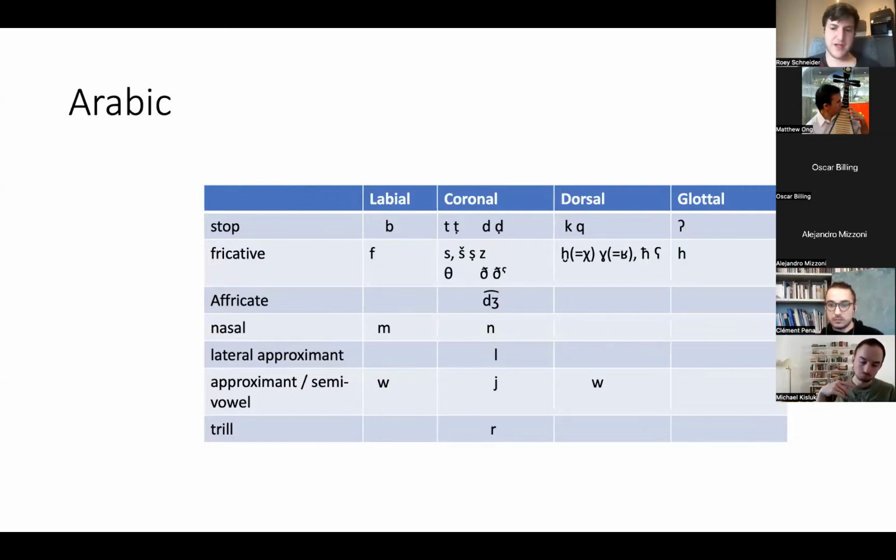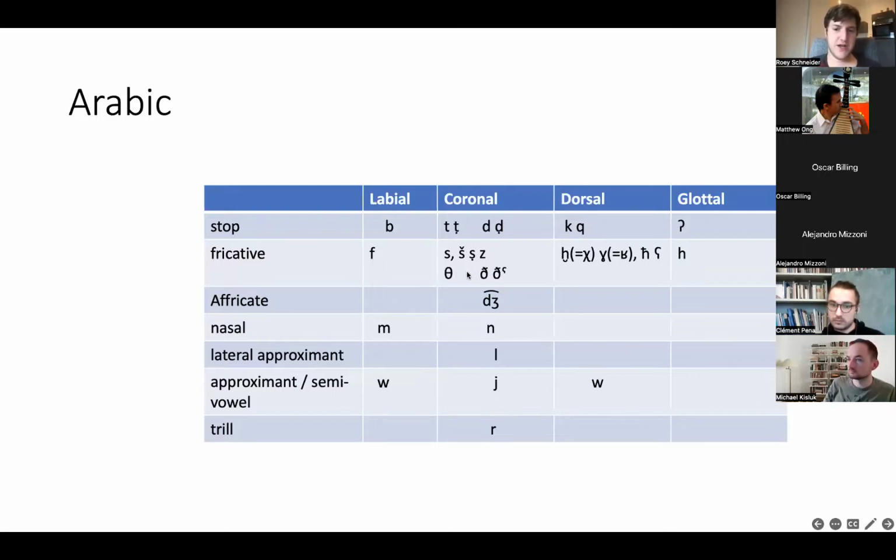I don't know why, but these consonants are connected somewhat to the pharyngeals in a way that they also trigger certain vowel changes and stuff like that. Okay, so is everything clear about Arabic?